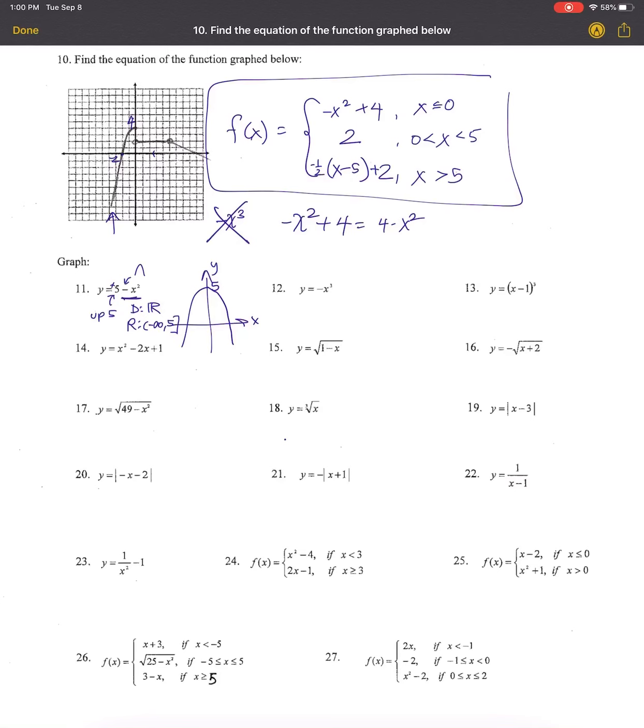Okay, for number 12, it's -x cubed. The domain of x cubed, I'm not really doing much to this, is all reals. The range is also all reals. That's true for every cubic function. When you have a negative in front of it, it falls instead of rises. So it normally is in quadrants 1 and 3. Now, because of the negative in front, it's going to be in 2 and 4.